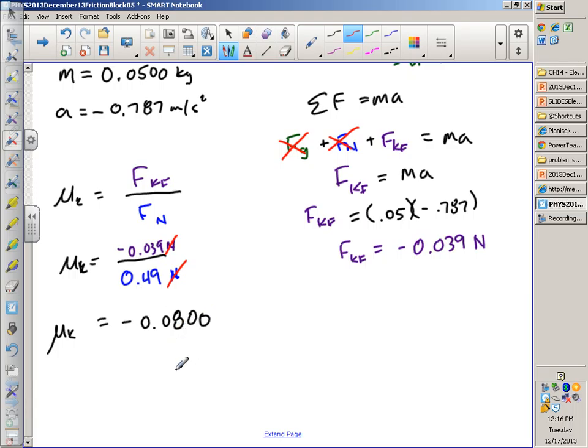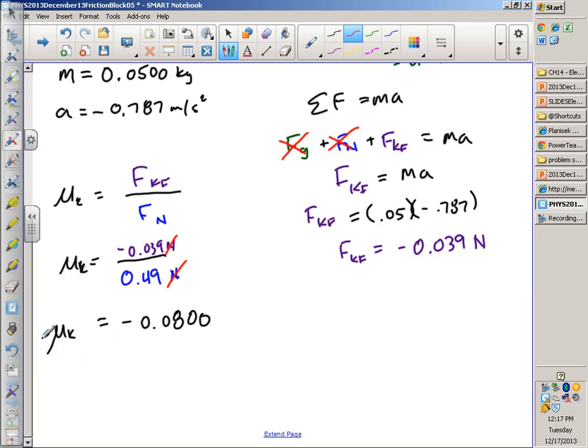Alright? Second, when we do this math, it comes out as a negative number. That's okay. The force came out as a negative number because the negative is just telling us which way. The coefficient doesn't have direction. Okay? It's not a measurement. It's not a vector quantity.